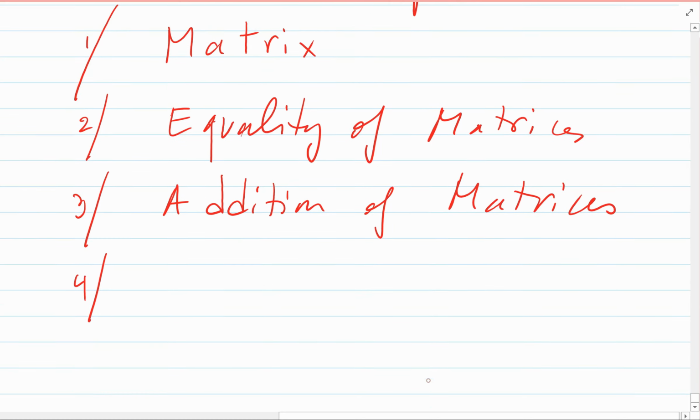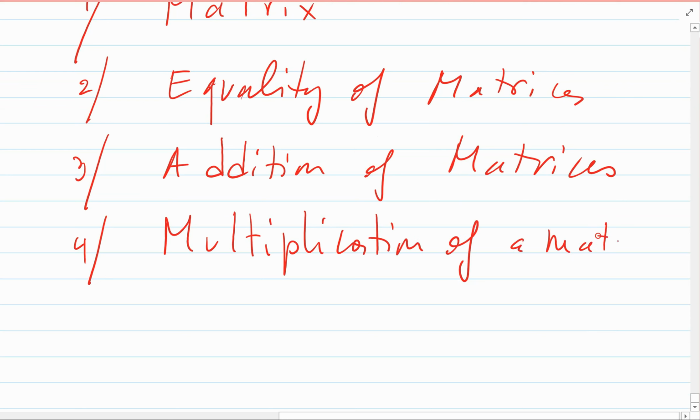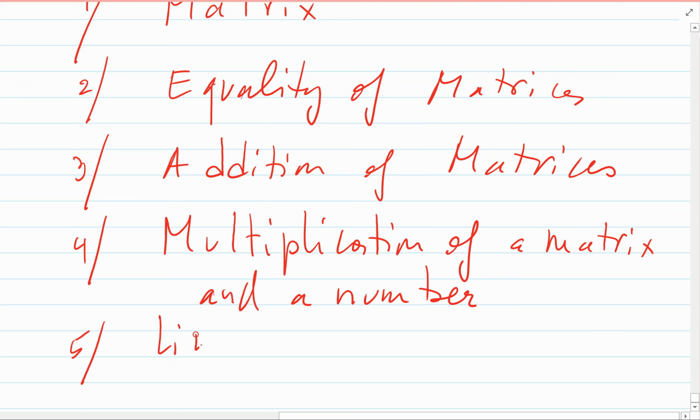Four, multiplication of a matrix by a number, usually we say scalar. And finally we talked about the concept of linear combination, when we combine addition with multiplication by a number.